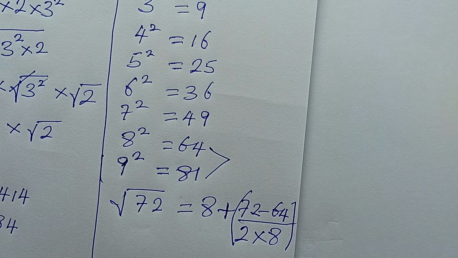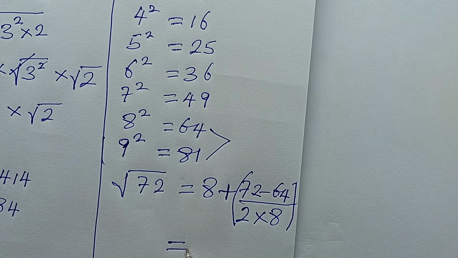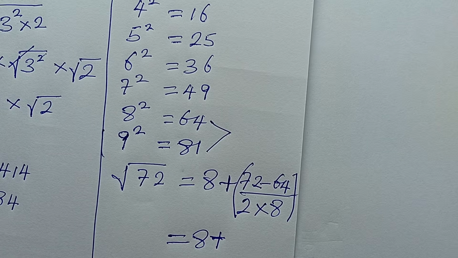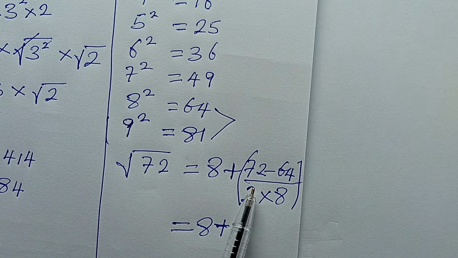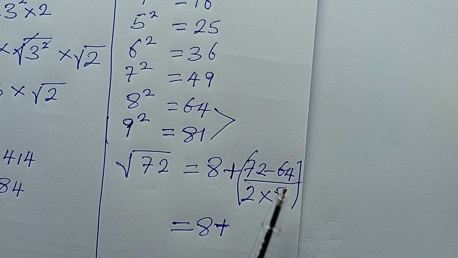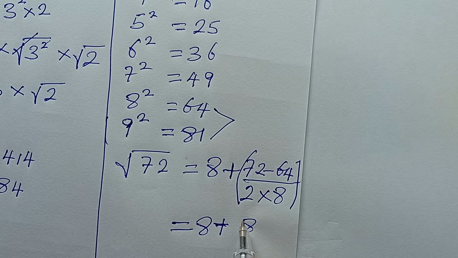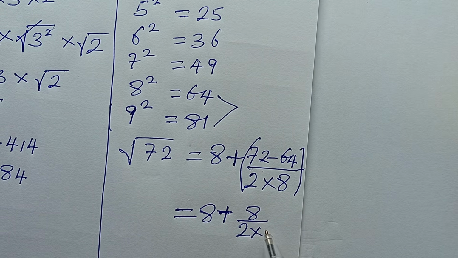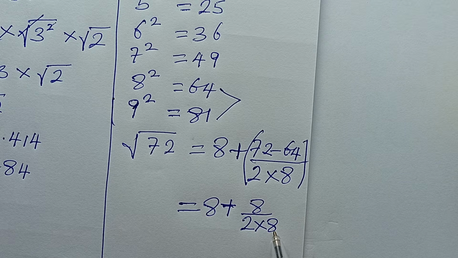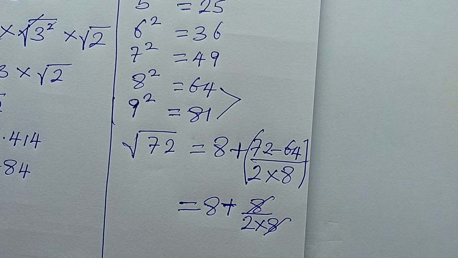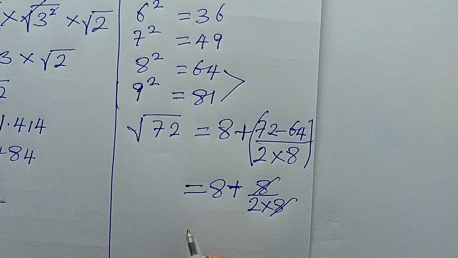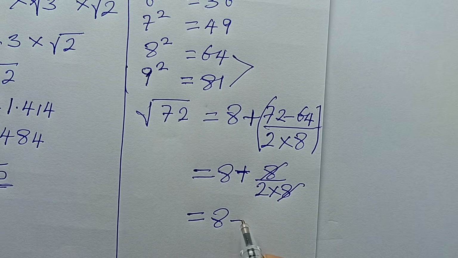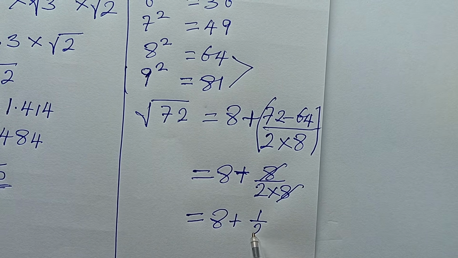So let's go ahead and simplify this expression. This is going to give us 8 plus, if you simplify 72 minus 64, that will give us 8 all over 2 times 8. And because we have a multiplication here, this 8 goes with this 8 here. And so we are now left with 8 plus 1 over 2.